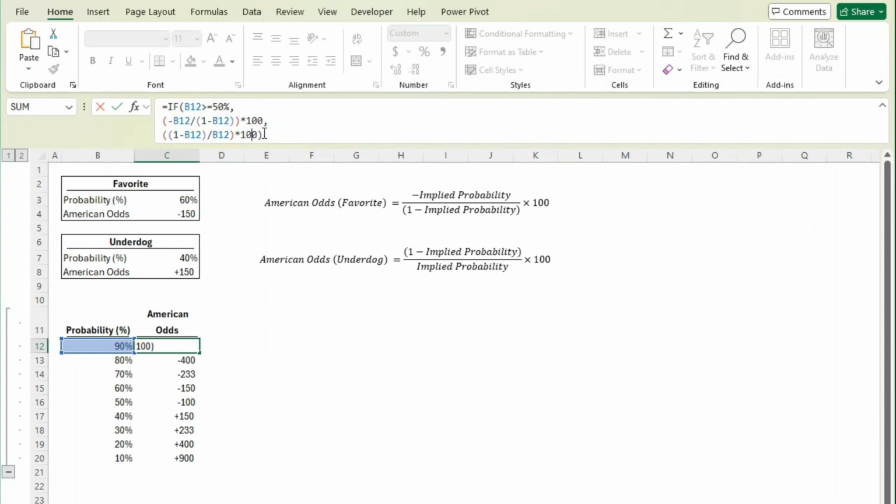And otherwise, we will use the underdog odds. So we can do that all the way through. And then you can see at the 50% mark, anything with a lower probability than 50%, we're going to start showing the underdog odds. This is a really helpful reference as you're making a wager.